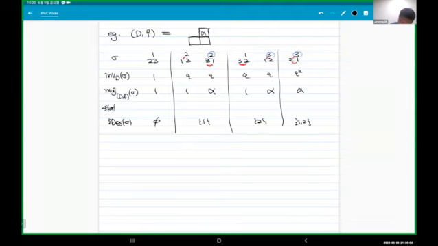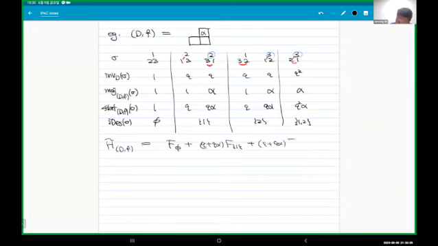So the stat df of sigma is 1, q alpha, q alpha, and q square alpha. And finally, we can compute the Macdonald polynomial by f empty set, plus q plus q alpha times f1, plus q alpha times f2, plus q square alpha times f12.